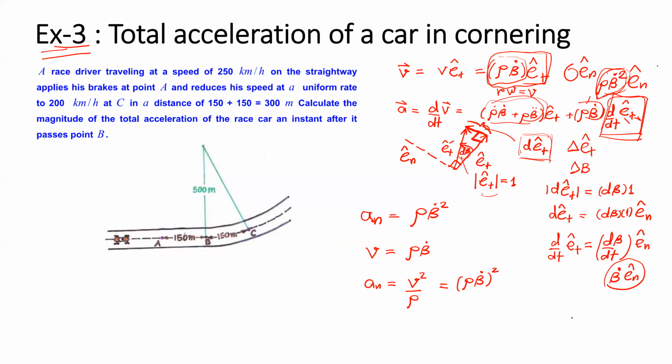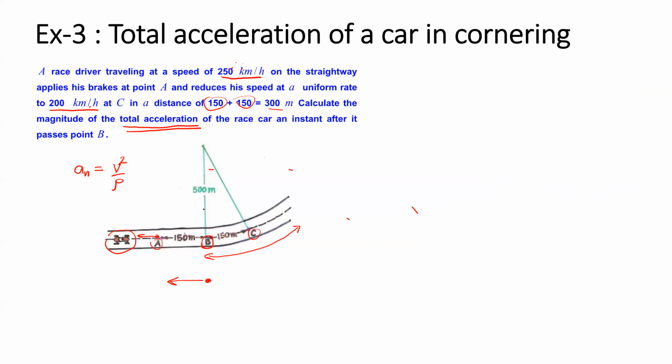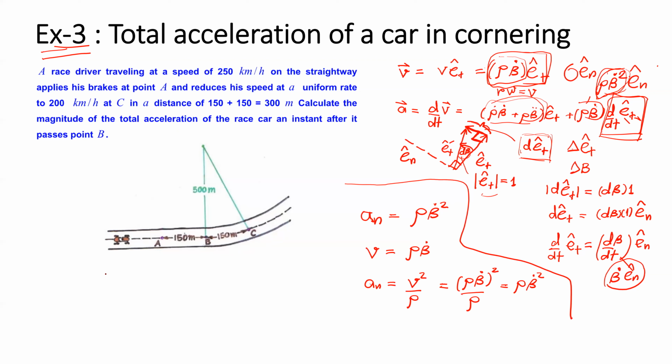So yeah, in this problem, at the point B, if we put the NT coordinate, okay, we know that the speed is equal to the radius multiplied by the angular velocity, and you already derived the acceleration in the normal direction.